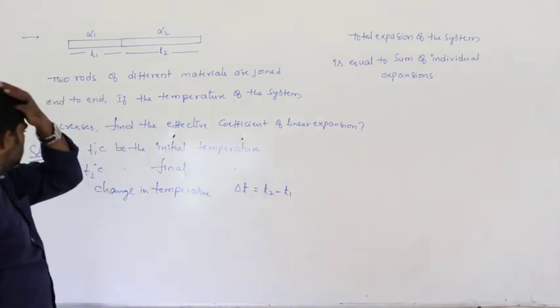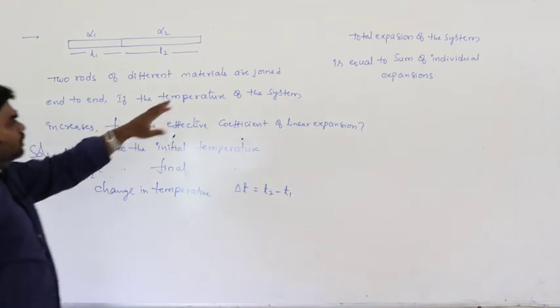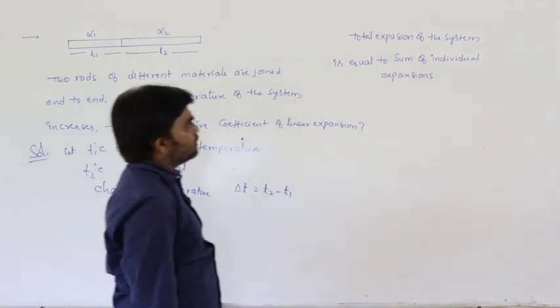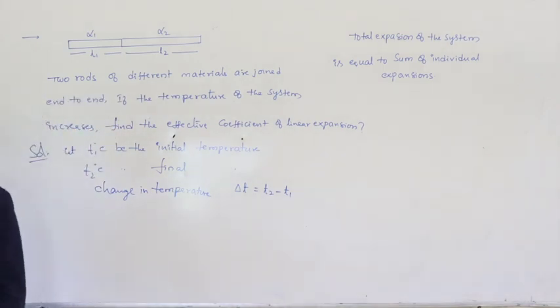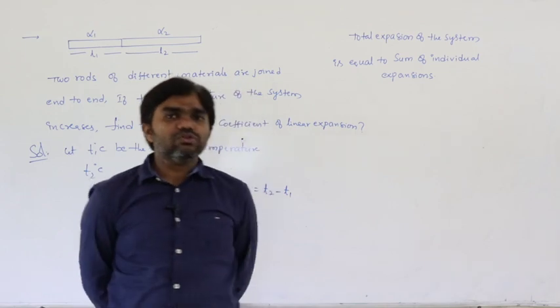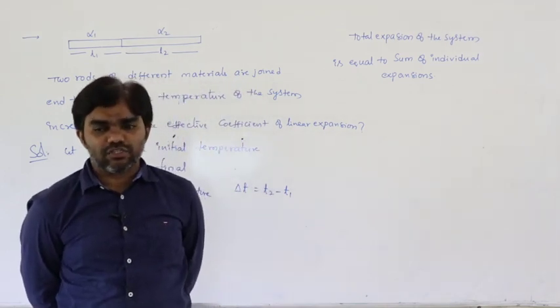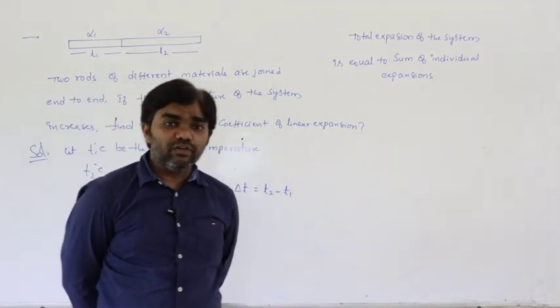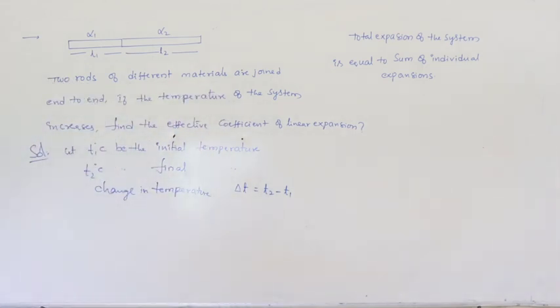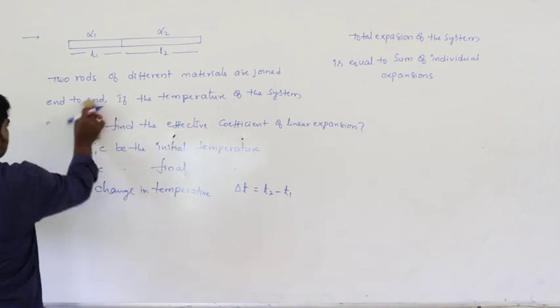So this is the system now. Total expansion of the system is equal to the sum of individual expansions.